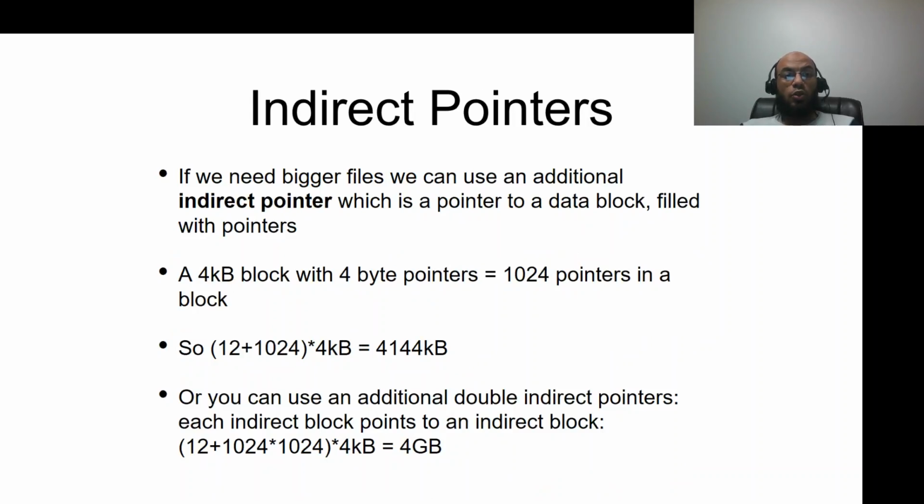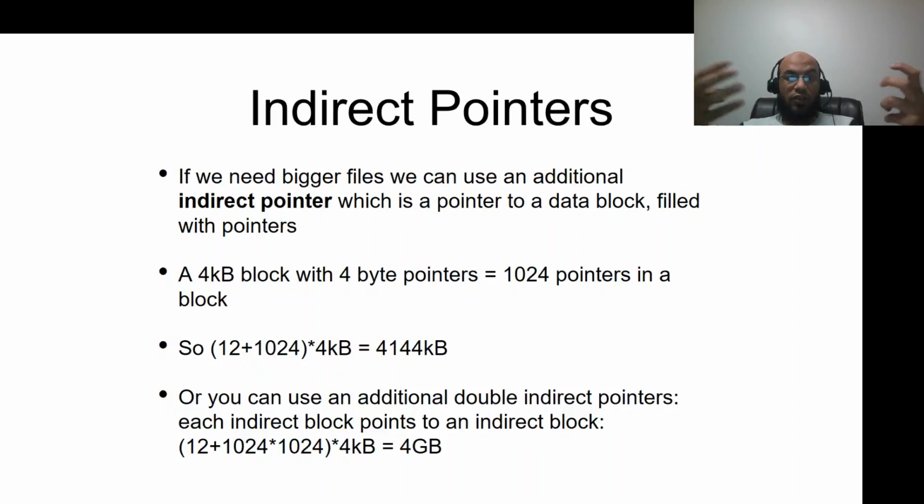The idea is to use indirect pointers. If you need bigger files than 48 kilobytes, you use an additional indirect pointer, which is a pointer to a data block filled with pointers. Meaning that with a 4 kilobyte block and 4 byte pointers, you have 1024 pointers in a block.